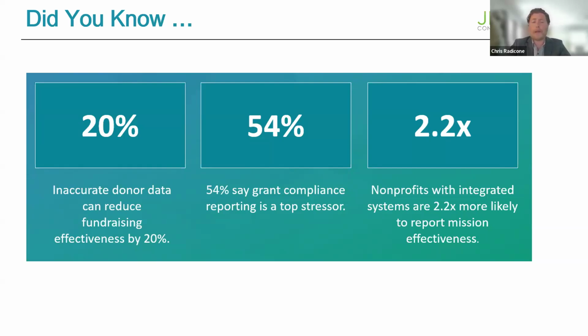So you have your donor database, you have your ERP, you have things like point of sale, all sorts of different systems that are not connected. And so typically you have to find a way to reconcile that issue. But if you're not actively tracking and keeping up with your donor database, that can reduce your effectiveness.